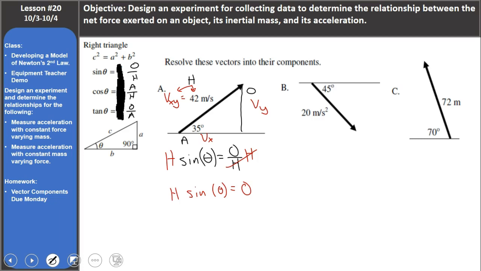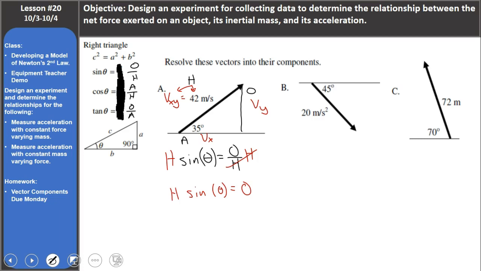So, listen. Okay, so Vxy is the 42 meters per second. What did we find a while ago? We found both the adjacent and the opposite, which corresponded to Vy and Vx, right?